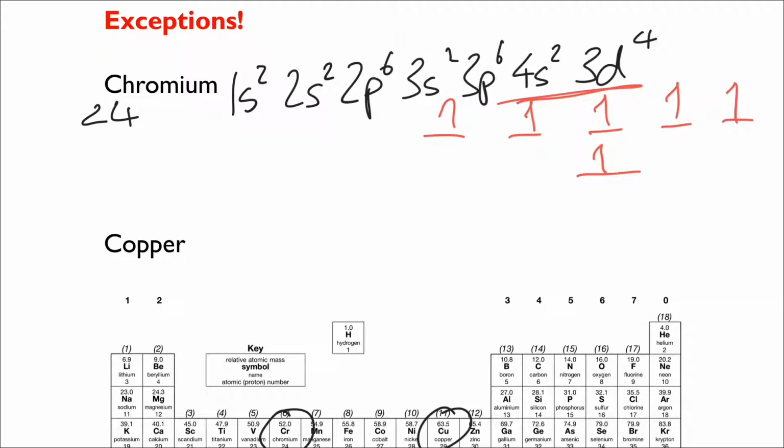They'll actually rearrange themselves to look like this. All of these 3d electrons are unpaired and this 4s electron is unpaired, as it's more stable. The knock-on effect of that is that this is no longer 4s2, 3d4. It's going to be 4s1.